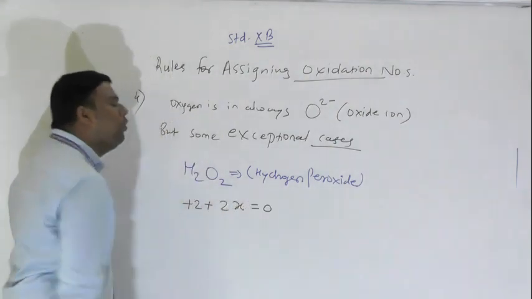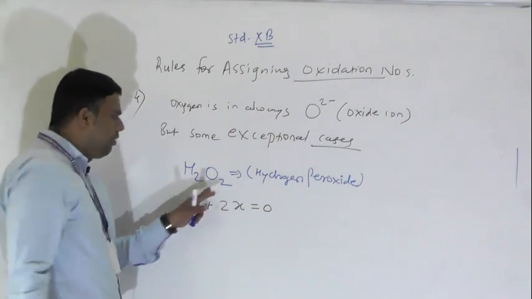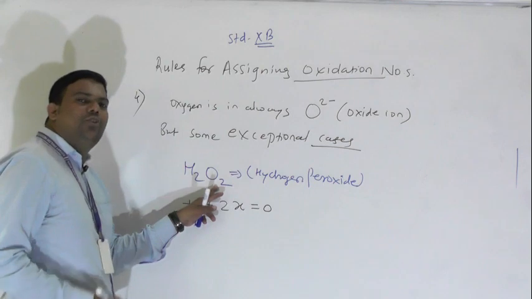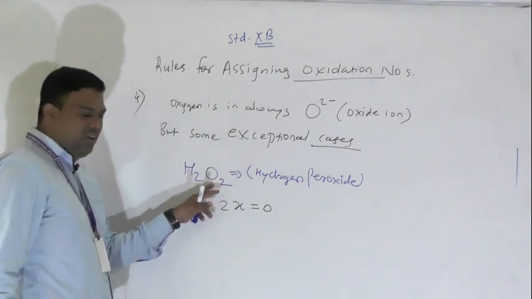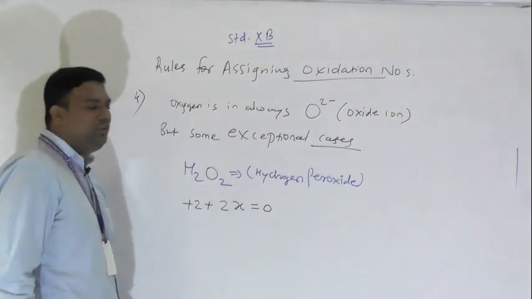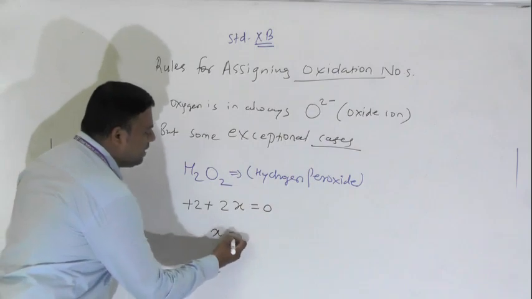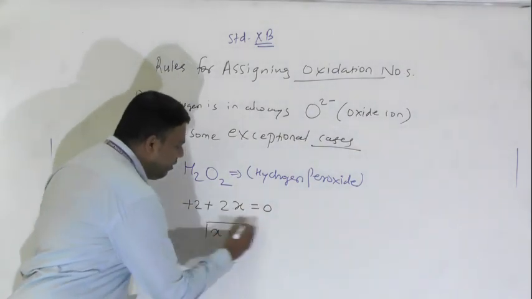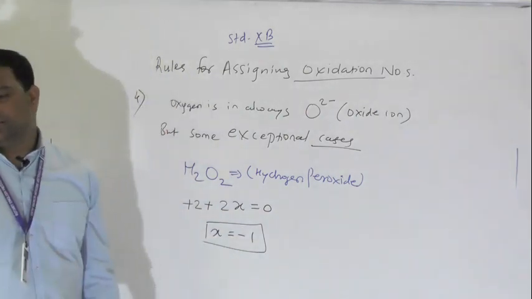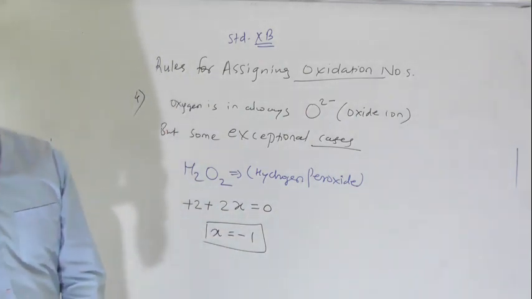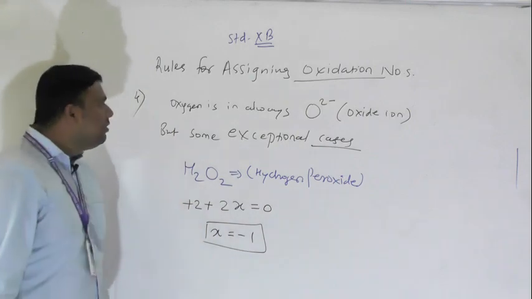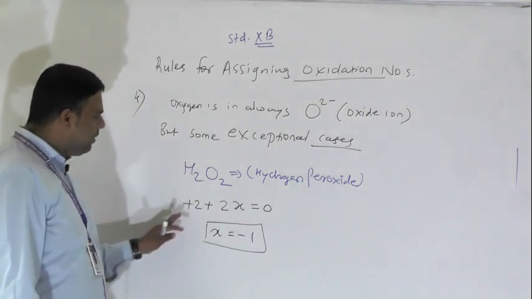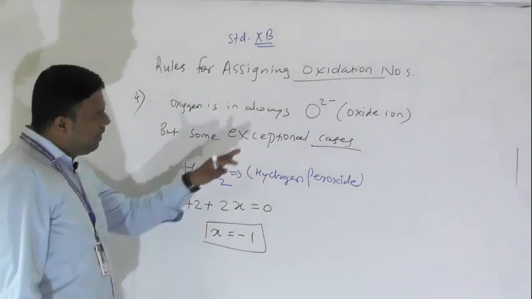Whichever oxidation number you have to calculate, consider it as x. So +2 plus 2x is equal to 0, so x is -1.